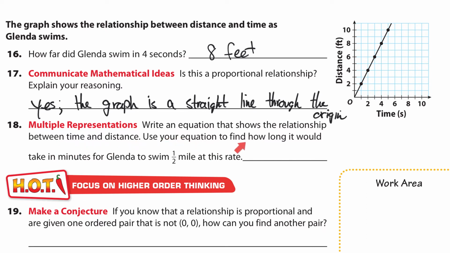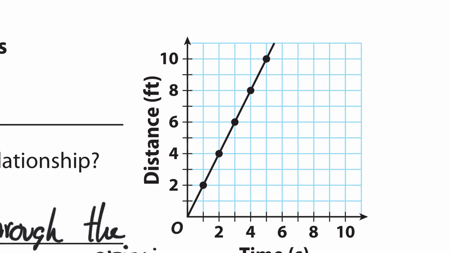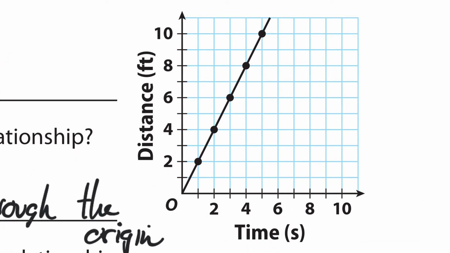Use your equation to find how long it would take, in minutes, for Glenda to swim 1/2 mile at this rate. Okay, so we're going to write an equation that shows the relationship. Let's take a y value divided by the x value. So this is going to be easy. To get our equation, we need the k, which is a y value divided by the x value.